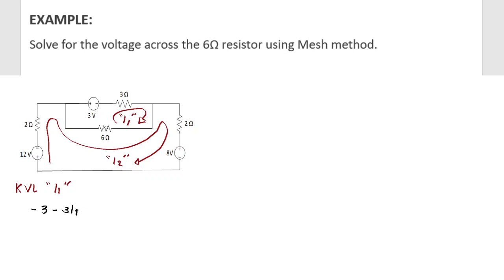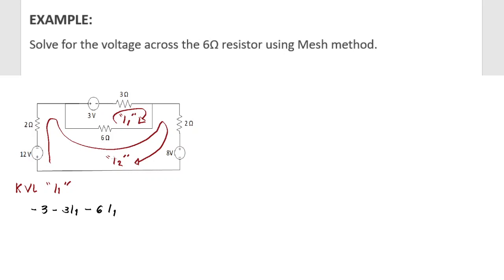Now, for the twist, for this 6 ohm resistor, the loop currents that pass through the 6 ohm resistor are loop I1 and loop I2. Now we are forming the KVL equation for loop I1. Since I1 is the same with I1, that would be a negative 6I1. How about for I2?